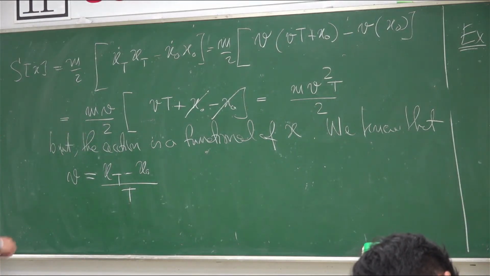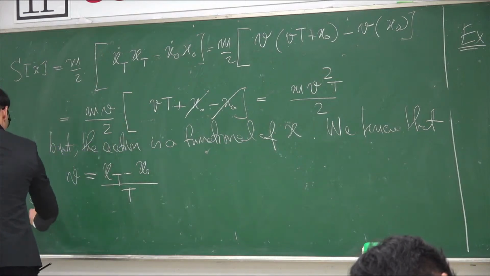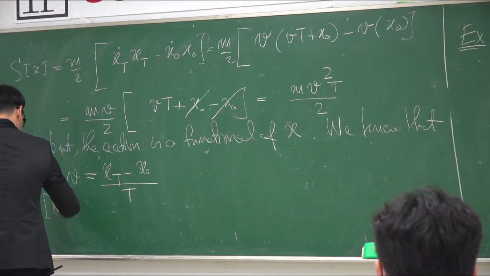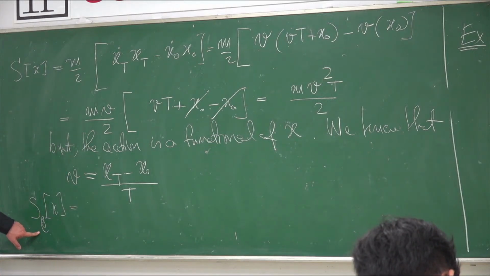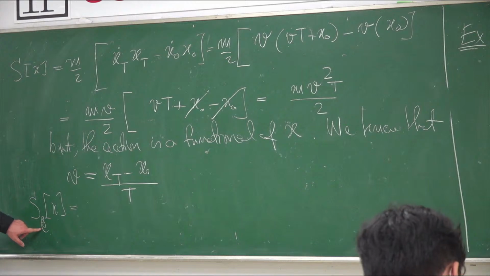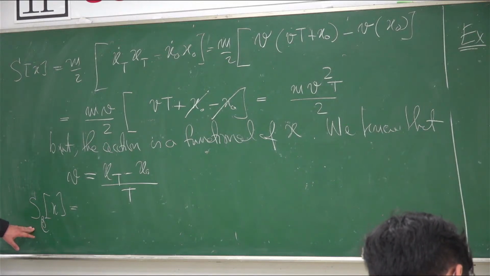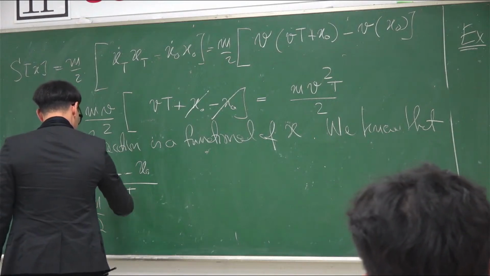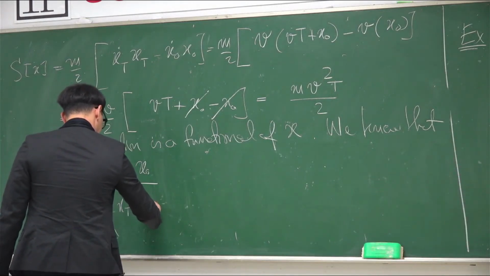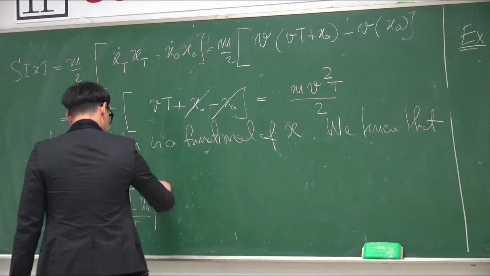Then you use this v. I put here C here to indicate this is the classical action actually. So you have n over 2, you have x3 and you have x1 t, right?